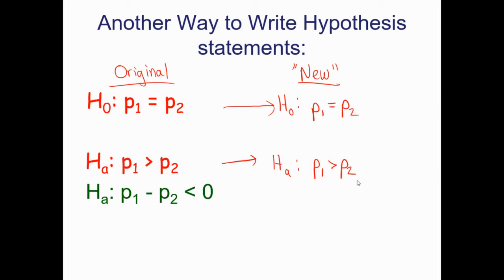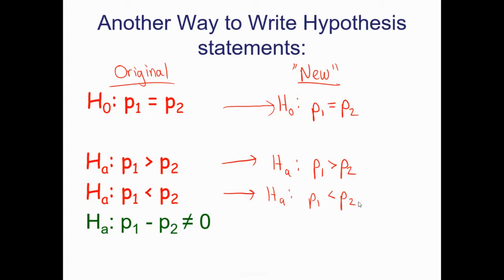What would that one turn into? P1 is less than P2. And then last but not least, not equal. What would this one turn into? Does not equal P2. Good.